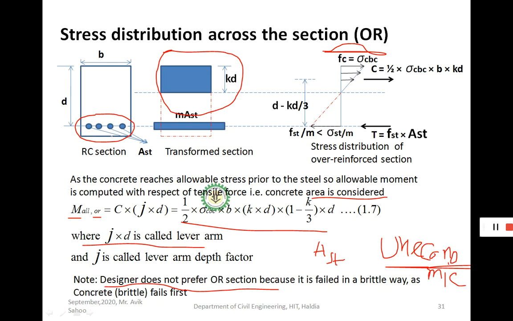So here larger amounts of steel are used, so automatically the cost of the structure also increases, and finally it leads to uneconomic, costly designs. So that's why, this is another reason the designer does not prefer over-reinforcement: the first thing is brittle failure, another is uneconomic, because the amount of steel is more, so the section is costly.